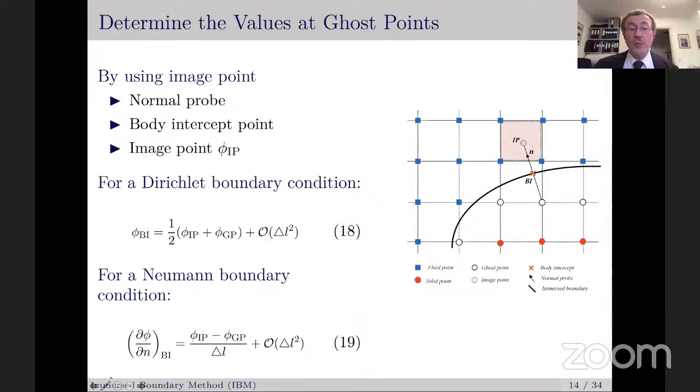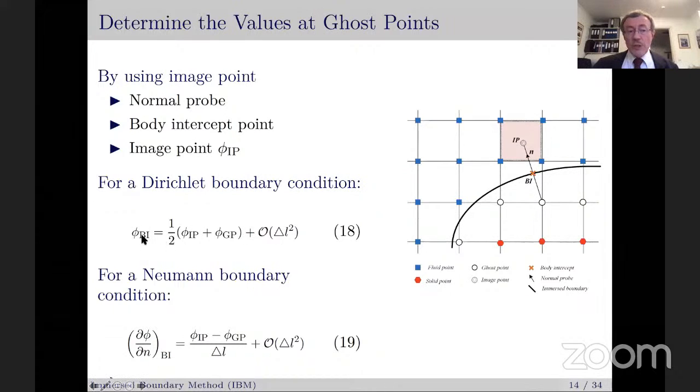Now we apply the boundary conditions. We use Dirichlet boundary conditions for the velocity. We have the no-slip condition. That means that the velocity of the fluid is equal to the velocity of the solid at that point. And that value of the solid velocity is either given if we have a prescribed motion, or it is computed when we have fluid structure interaction.